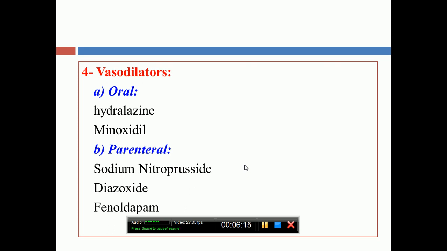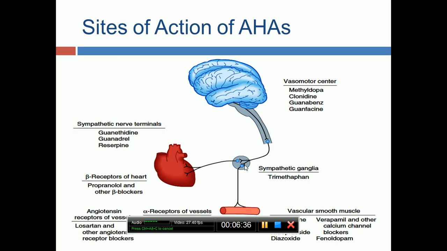But if hypertension is there, we can use vasodilators. Then we have oral ones like hydralazine and minoxidil. Then we have parenteral ones like sodium nitroprusside, diazoxide, and fenoldopam. Sodium nitroprusside is also used in emergency conditions in malignant hypertension.